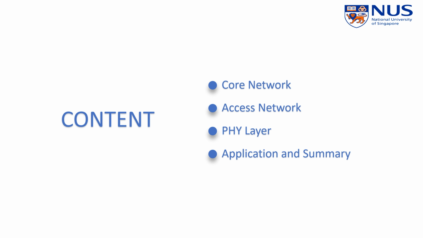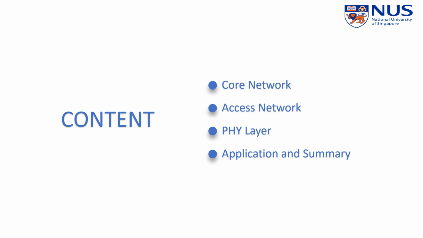First, this report includes the overall architecture of 5G network, including the core network and the access network, and more on the construction details and the protocol layers of the two networks.